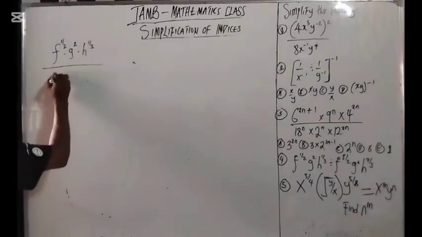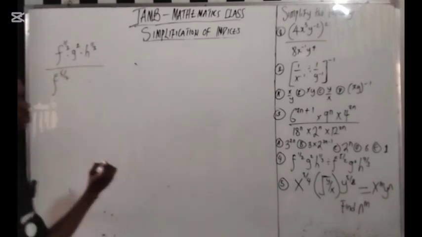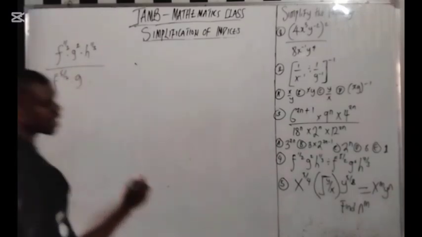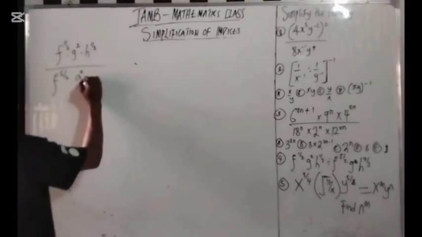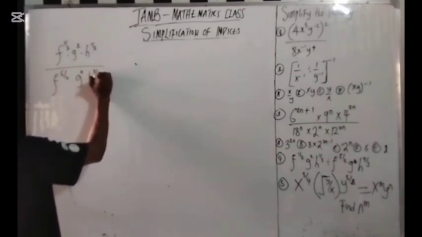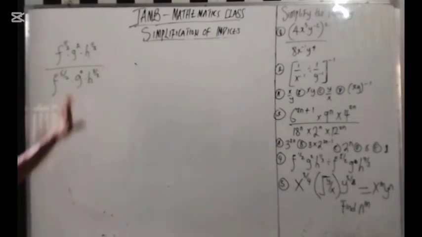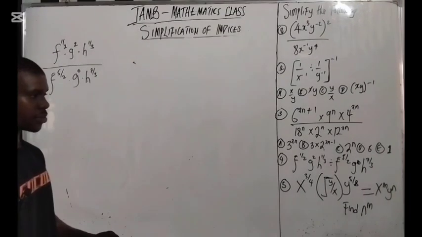Here we have F(5/2) dot G(0). This one is 0. Then you have H(7/3). So now when you have something like this, how do you evaluate it?